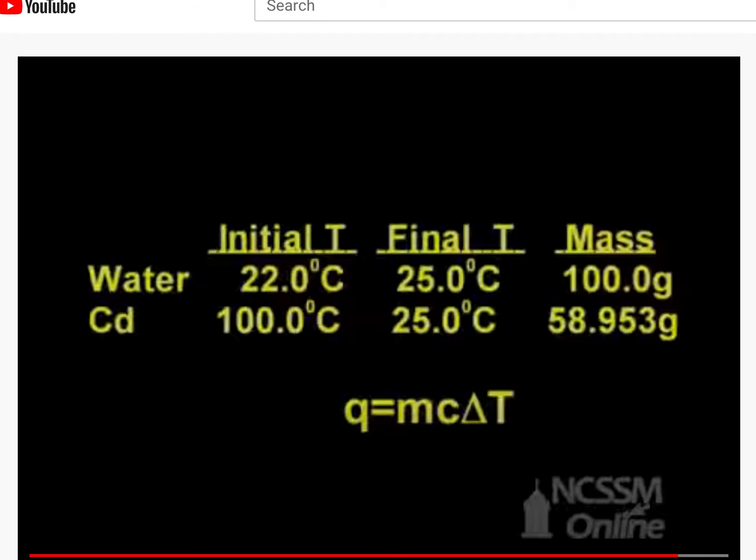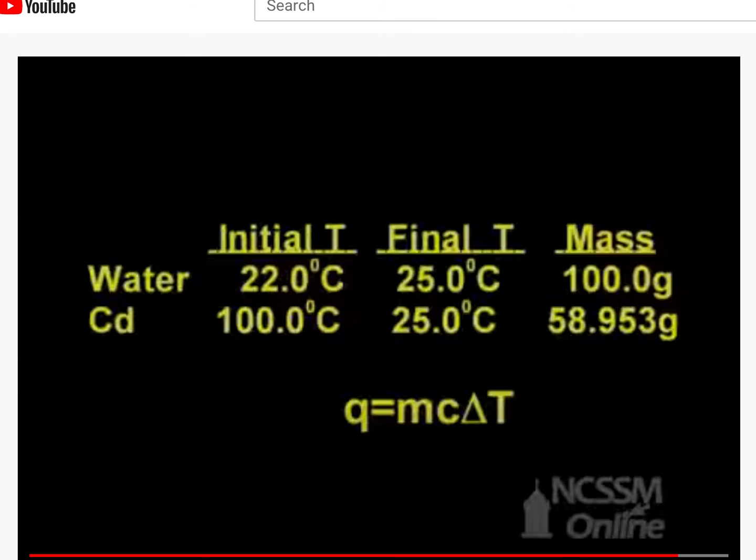Now, go ahead and calculate Q of the metal, and you'll use the exact same expression. Q of your metal equals the mass of the metal times the specific heat of your metal times the temperature change of your metal, where the only thing that you don't know is the specific heat of your metal.